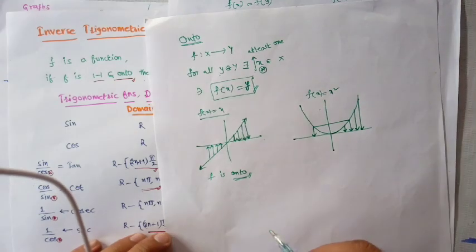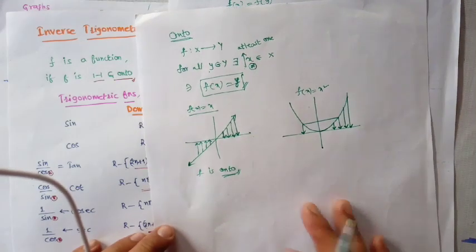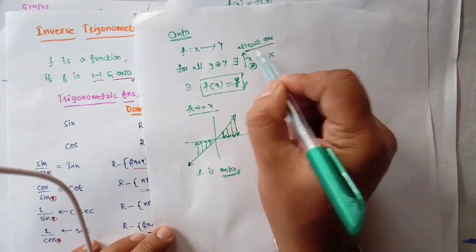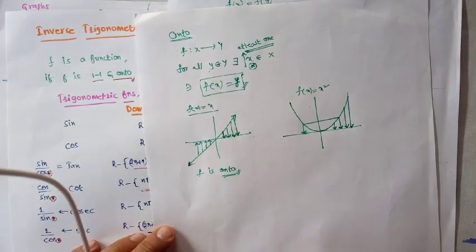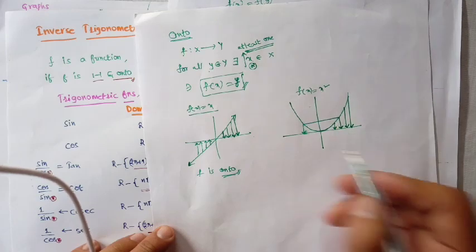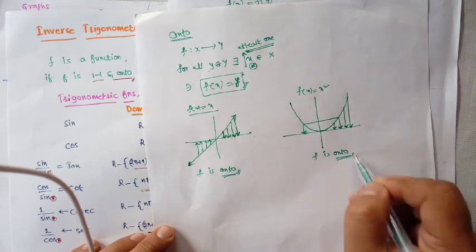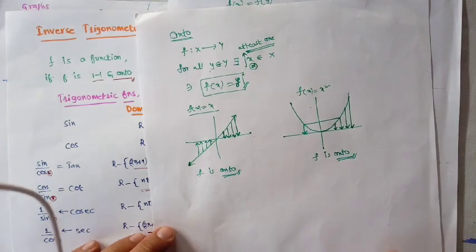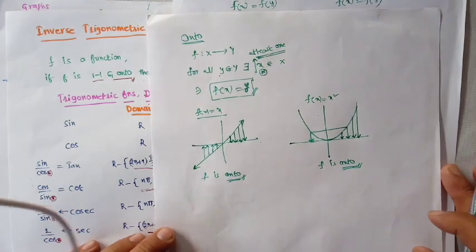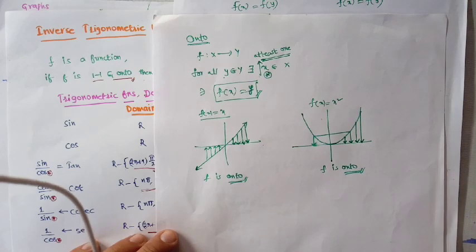You can get more than one x, so it is not a problem. That's why the definition says at least one value of x should exist here. So in this case also f is onto. Right, so these two definitions are important: one is one-one and the second one is onto.